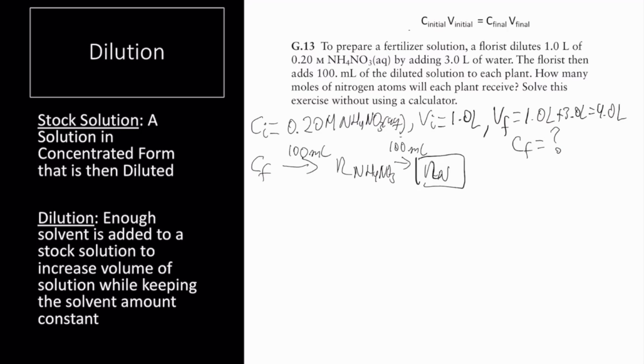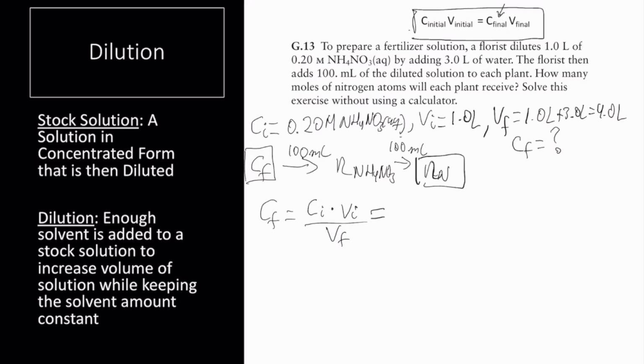Okay, so let's go step by step. First, we need to find the final concentration. So we use our dilution equation and the unknown is the final concentration. So we need to solve this equation for the final concentration. So that would be equal to initial concentration times initial volume divided by final volume. We have all of these numbers.